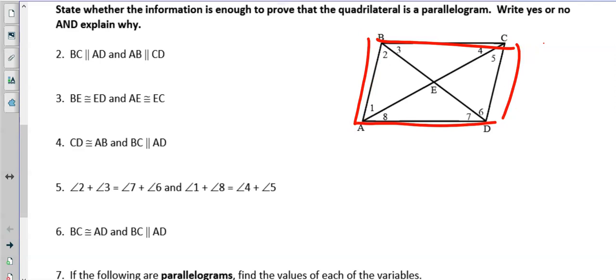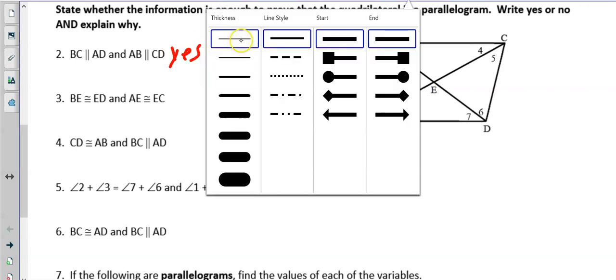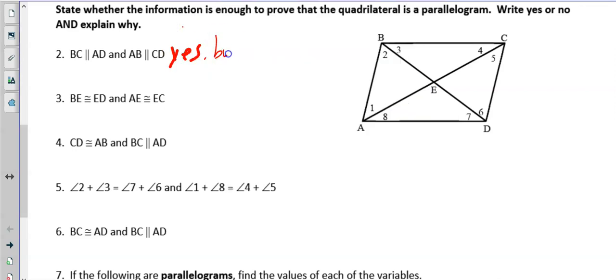Well, by definition, the answer is yes. Both pairs of opposite sides are parallel.